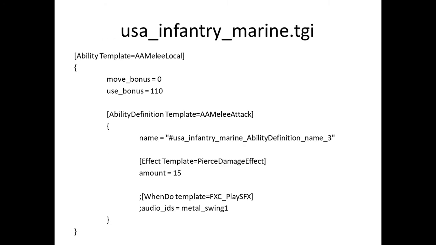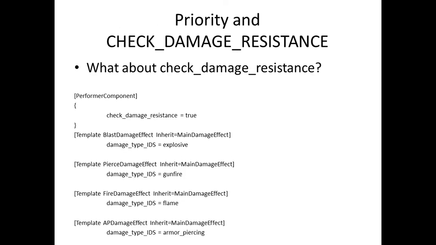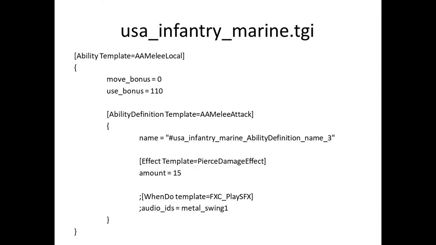I have the infantry marine thing here again. And again, the move bonus here is 0, use bonus 10. But check damage resistance. You may have seen this in the performer components of anti-tank units, especially. Anti-tank infantry, also I think tanks in general, tank destroyers certainly. What check damage resistance does is, if you have check damage resistance set to true inside the performer component, the abilities will look at their ability definition.